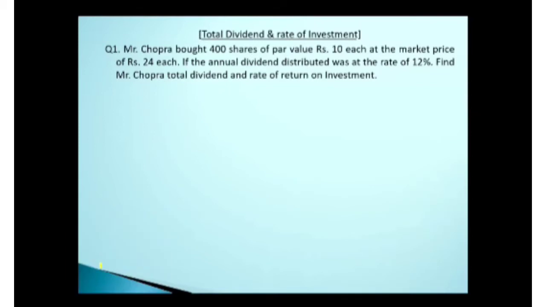We'll use the highlighter first of all. So the par value, what is par value? Par value is another name for face value. So face value is given to you. How much is it? 10 rupees. So write down the solution: face value of one share is equal to rupees 10.